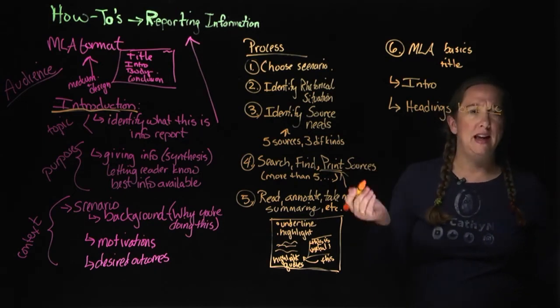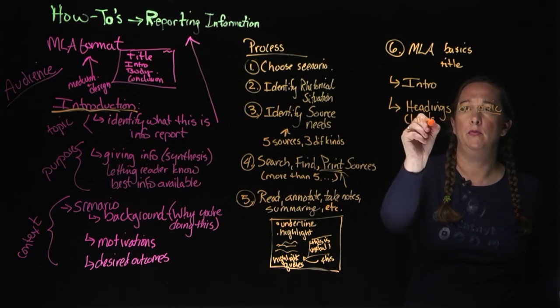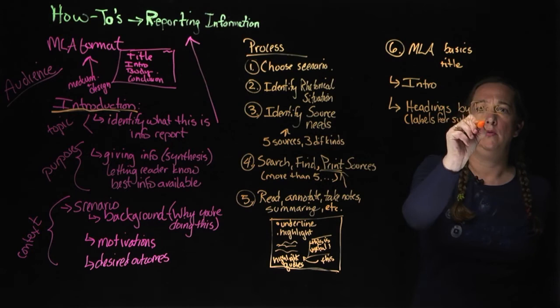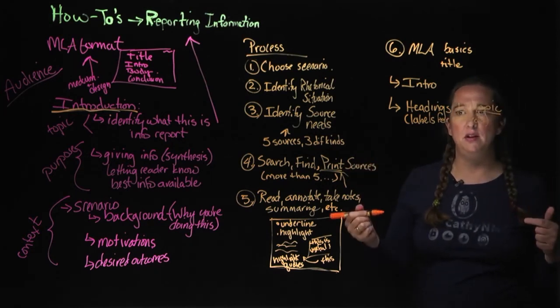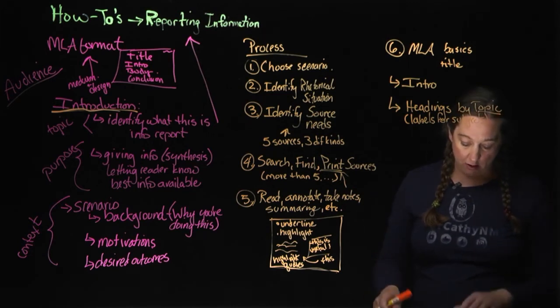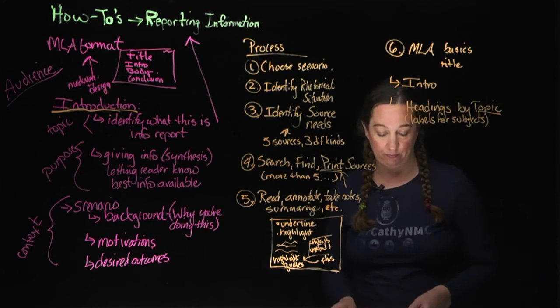Think of these headings as your labels. And underneath each of those labels for the subject or topic paragraph, that is what you're going to talk about in that next paragraph.